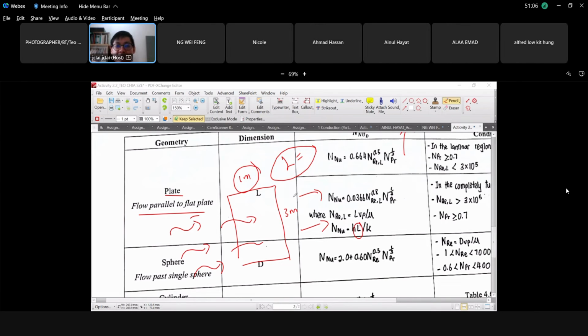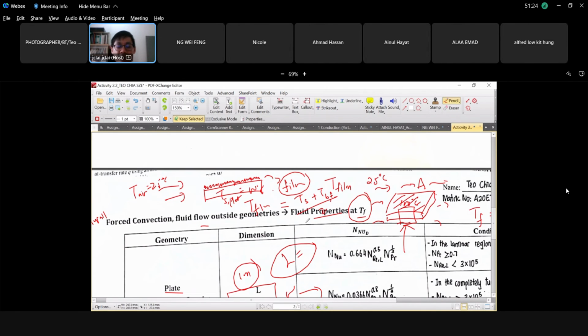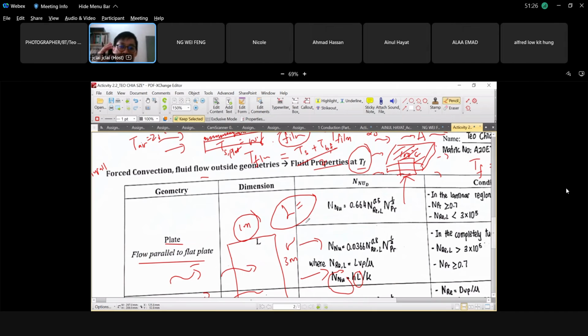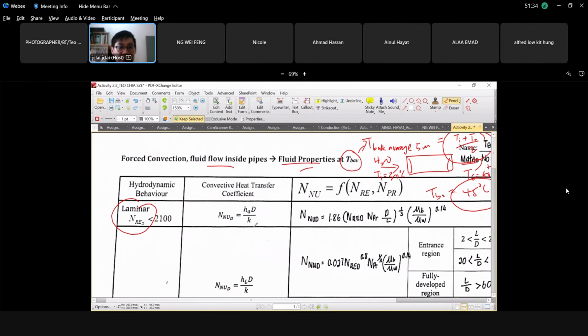So if you are a smart engineer, then you will change how you put this plate to maximize the heat transfer rate. Very simple logical thinking. Okay, I guess that's all for this.